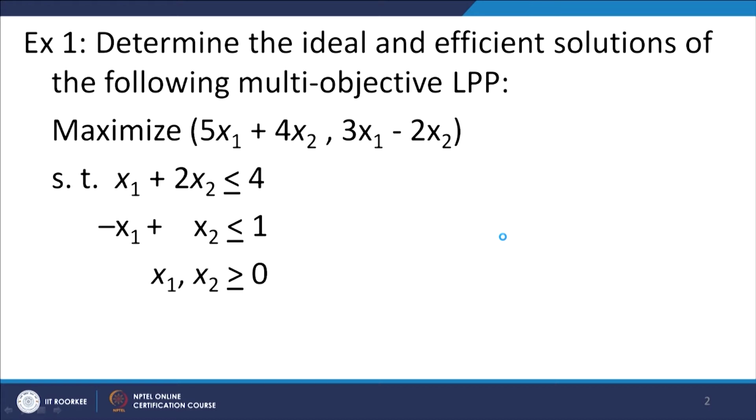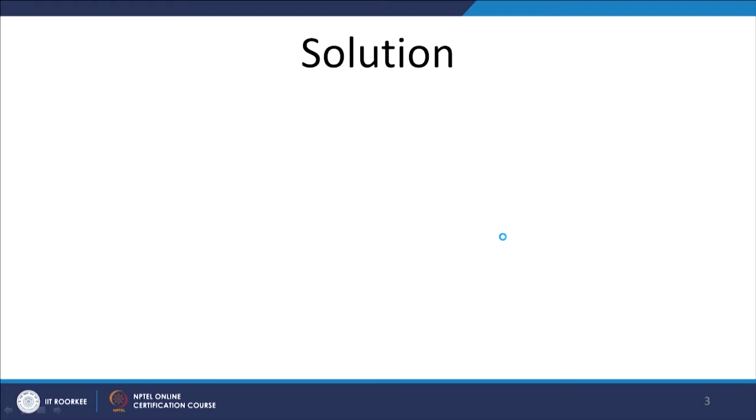They are subject to the constraints x1 plus 2 times x2 less than or equal to 4 and minus x1 plus x2 less than or equal to 1, and also x1 and x2 should be greater than or equal to 0. So, let us look at the solution of the problem. Let us first of all look at the feasible region.